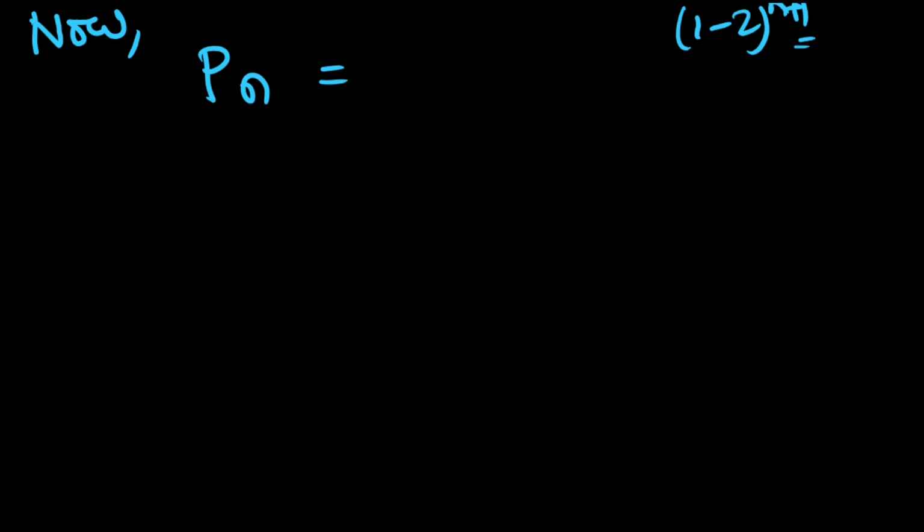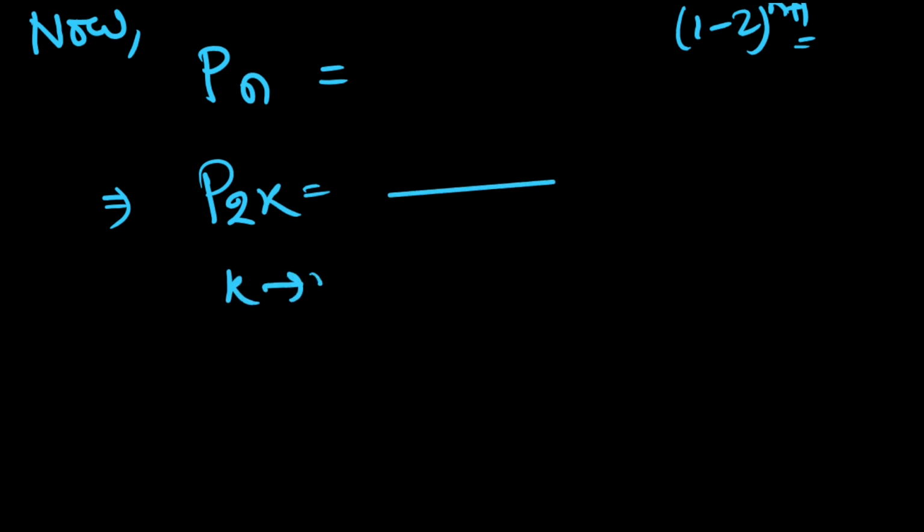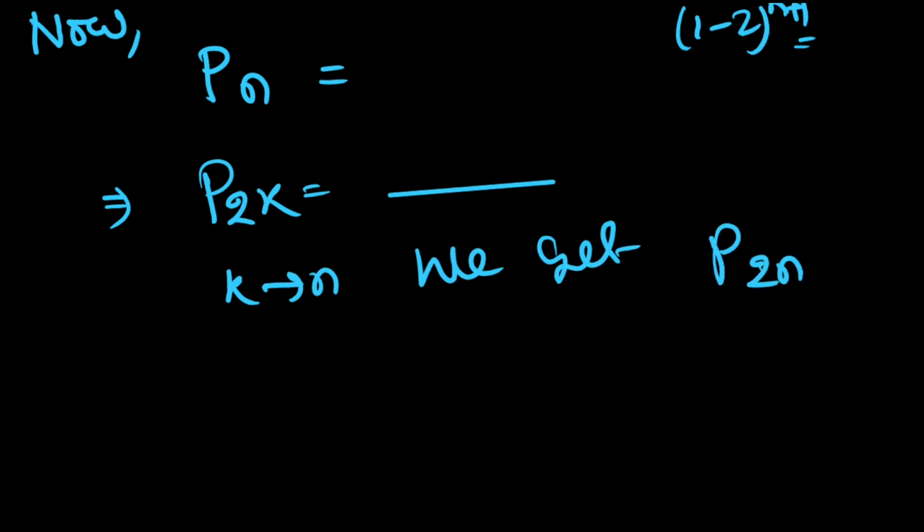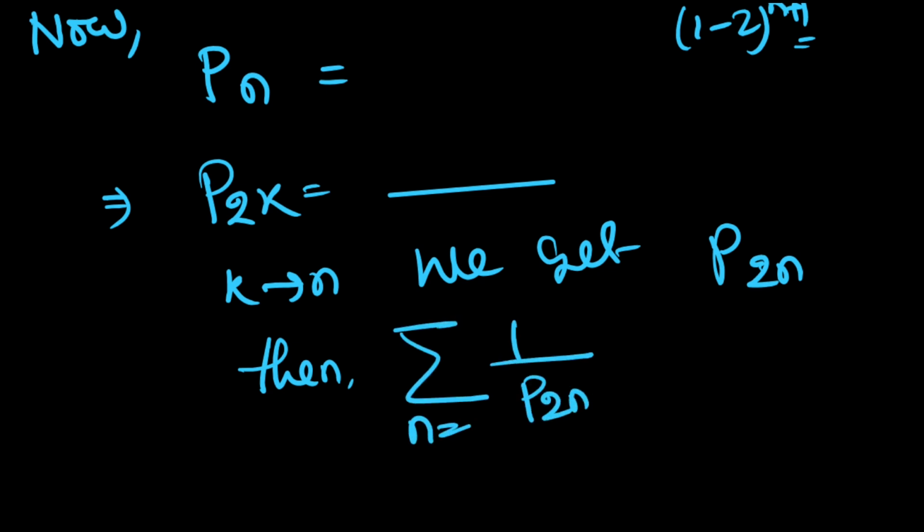Then we find the value of P(2k), some expression, then we replace k by n, then we get P(2n), then finally get 1 over P(2n), and the summation run for n = 1 to 25, that value is 675.